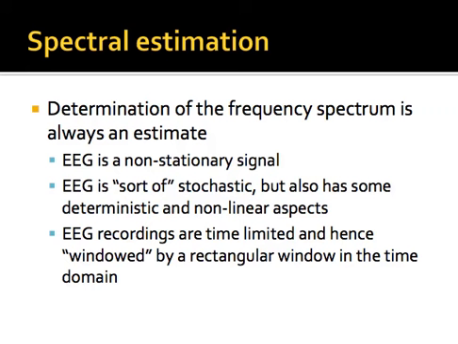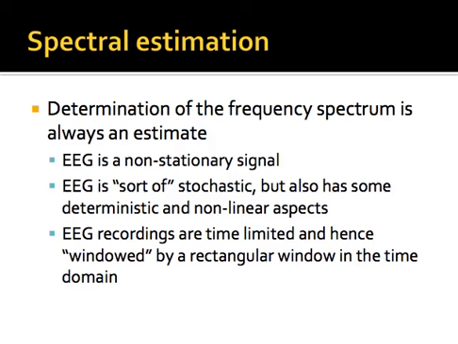In fact, the EEG is not time invariant because it's a non-stationary signal, particularly if you're looking at evoked potentials or task-oriented EEG. There can be significant changes in the time domain of your spectrum. So that's the first issue.